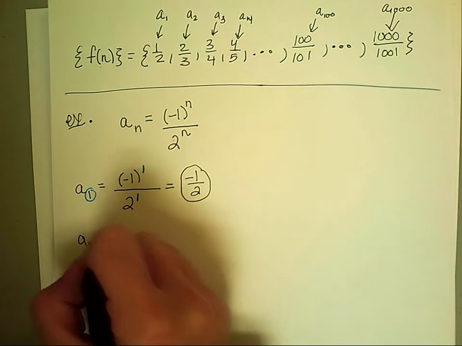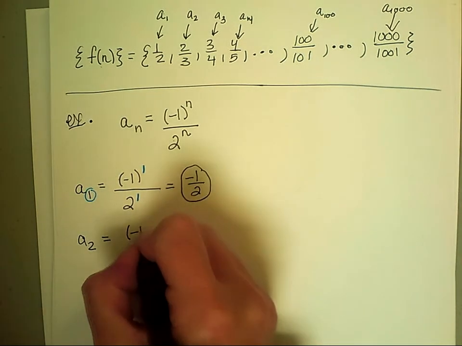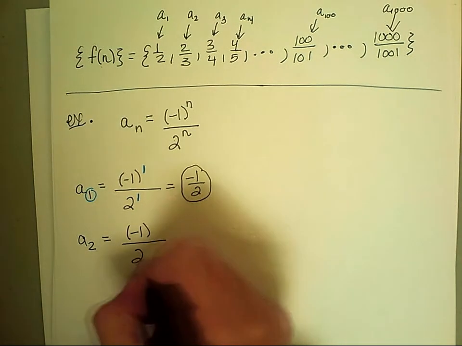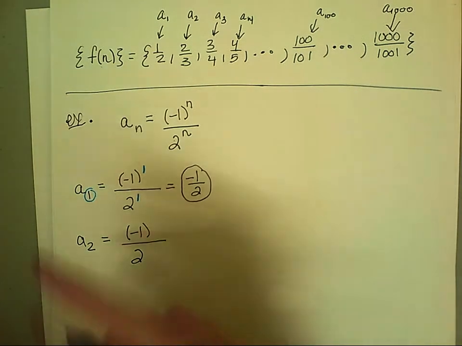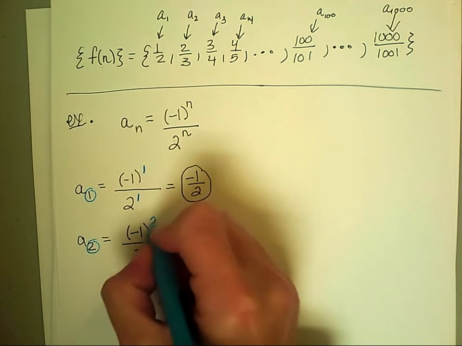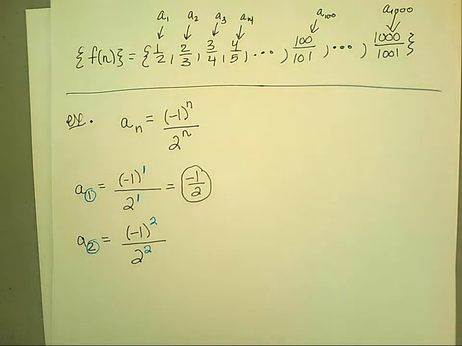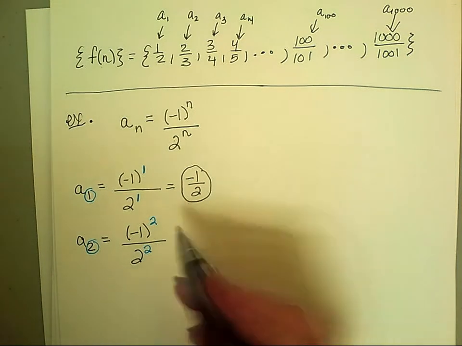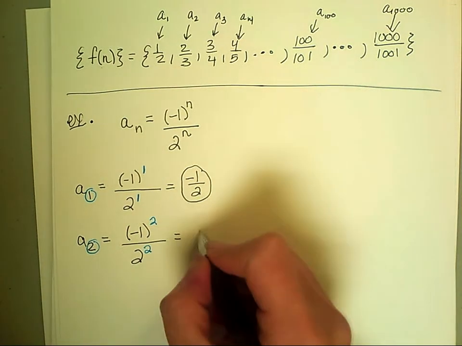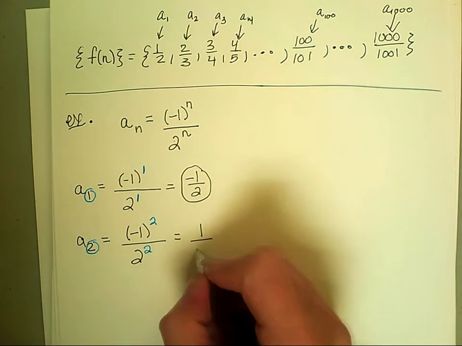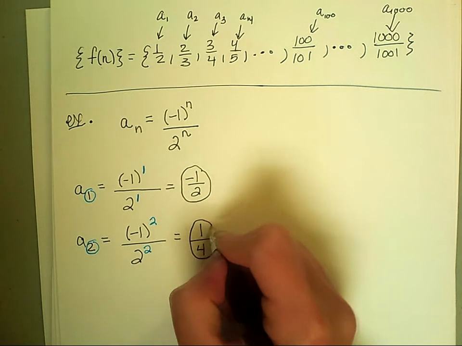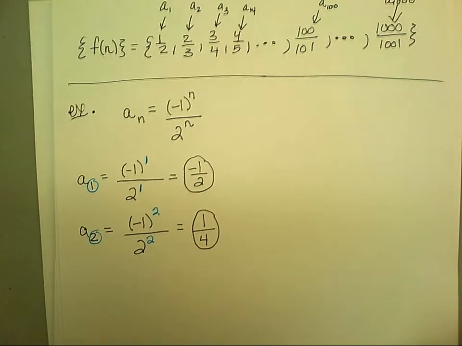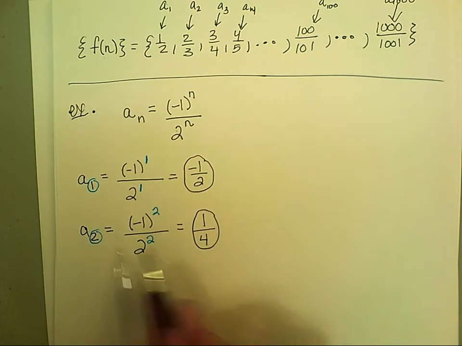Now a sub 2 will take negative 1 to the n power, and again 2 to the n power, but in this case n is 2. Now when we simplify this, negative 1 squared is positive 1, and 2 squared is 4. So the second term, a sub 2, is 1/4.